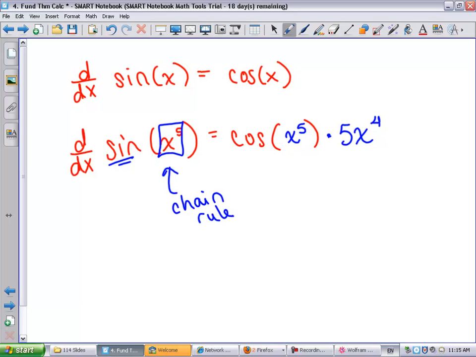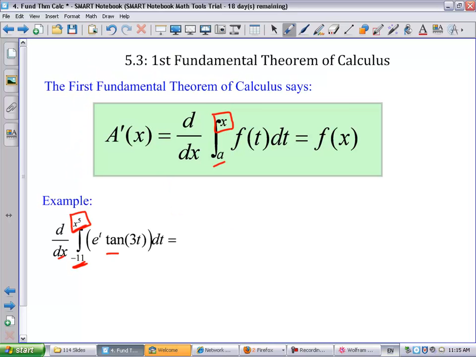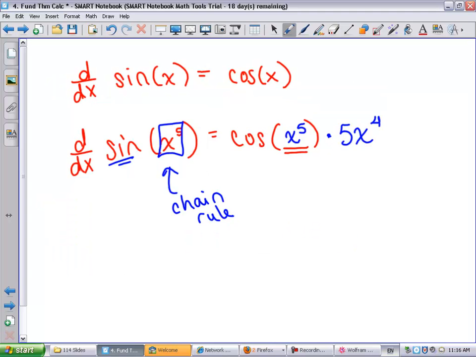So we're going to use that exact same reasoning back over here. We have something we want to take the derivative of, but instead of an x, we have an x to the 5th. So we're going to write what the derivative should be. It should be e to the something, tangent of 3 something. But instead of putting an x there, like we normally would, we put in this function that was in the place of x.